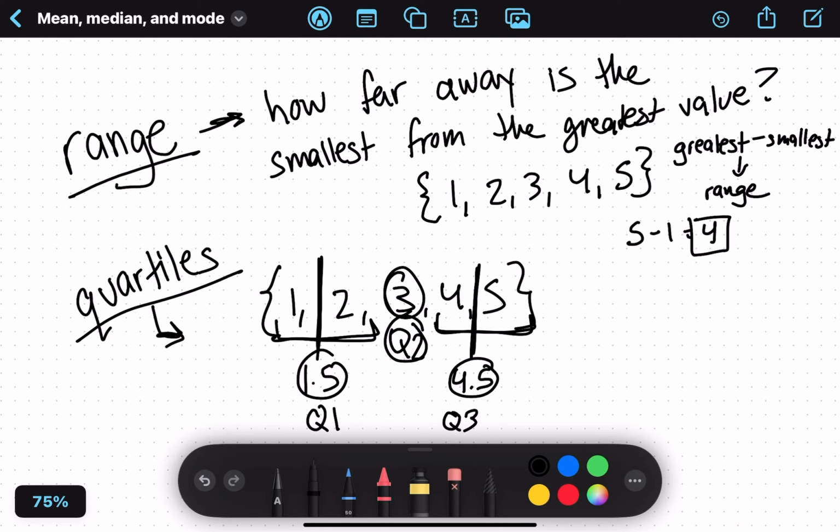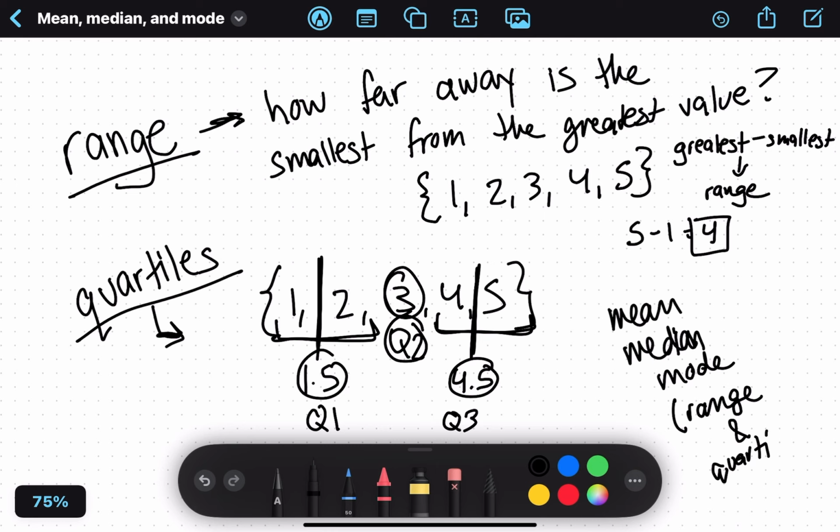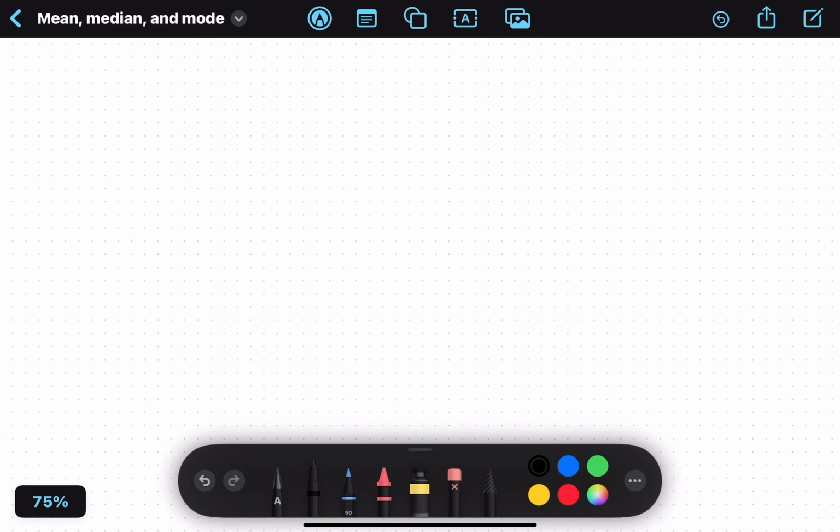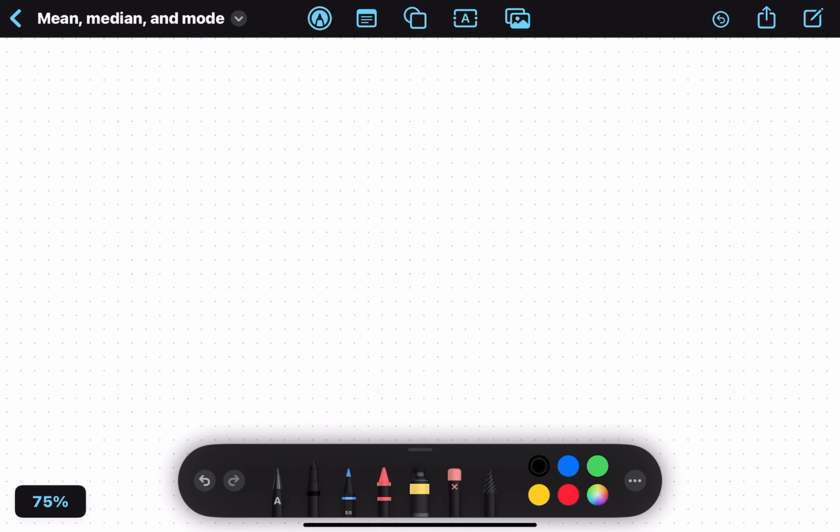So today we went over mean, median, mode, and a little bonus I added: range and quartiles. Now, I'm going to give an example with a set of values, and let's see how we do with this practice question.